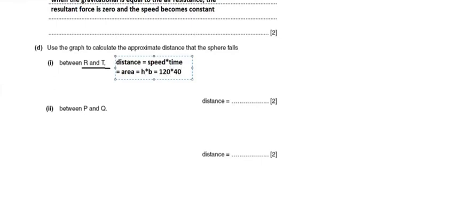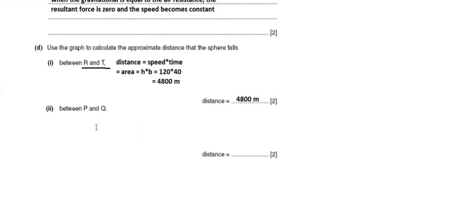So the final answer you will get is 4800, and the unit is meter. So here I will write again 4800 meter. This is nothing but the distance between the point R and T.